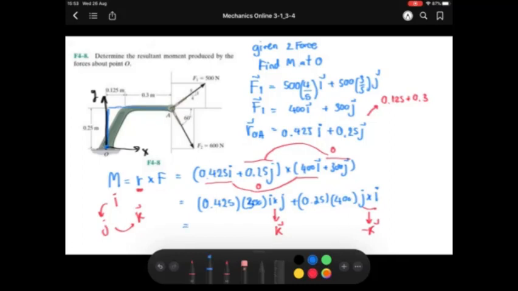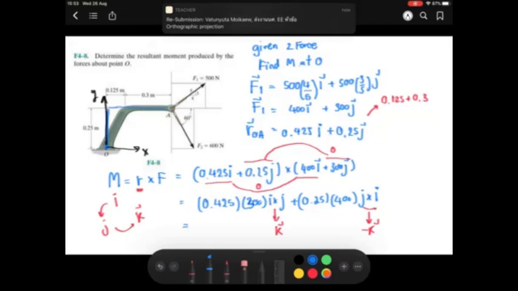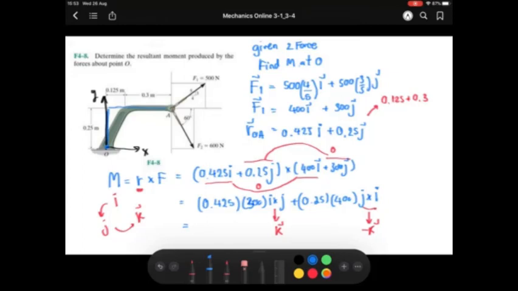So the first term is equal to 127.5, and this term is 100. The result is 27.5 k, because this term is the minus k.